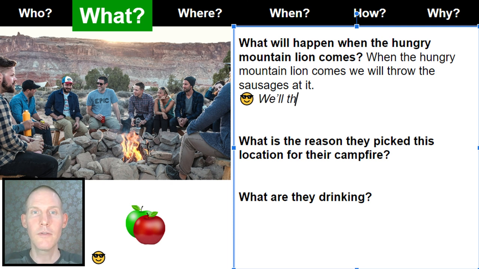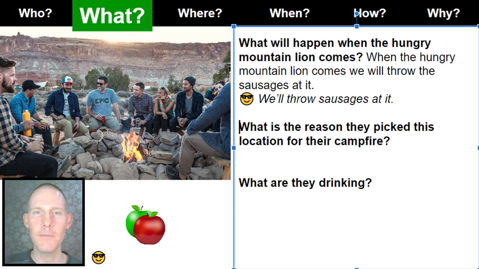We'll throw sausages at it, right? So it's a complete sentence, but it shortens it, right? We don't repeat back the whole question, right? So the long version of the answer repeats back most of the question, right? We'll throw sausages at it and pray that the mountain lion stays away.